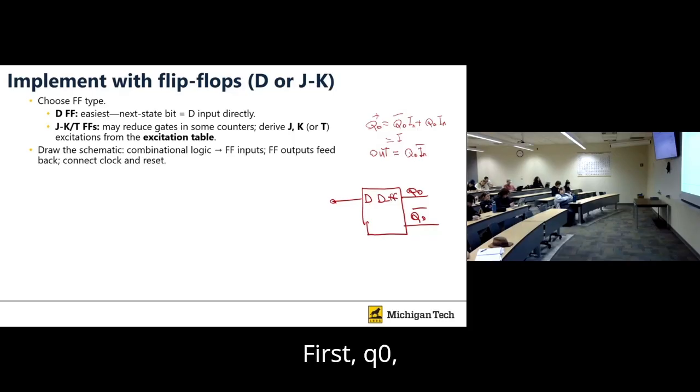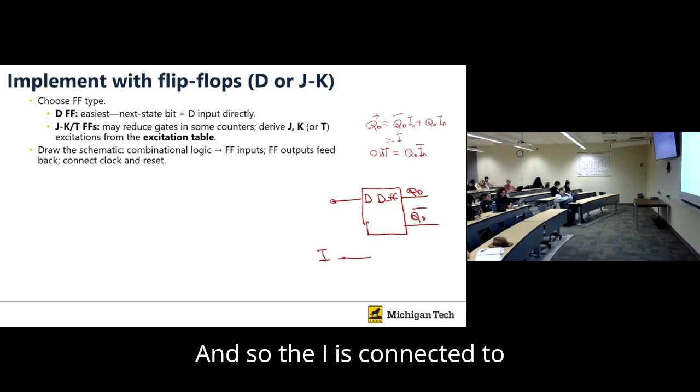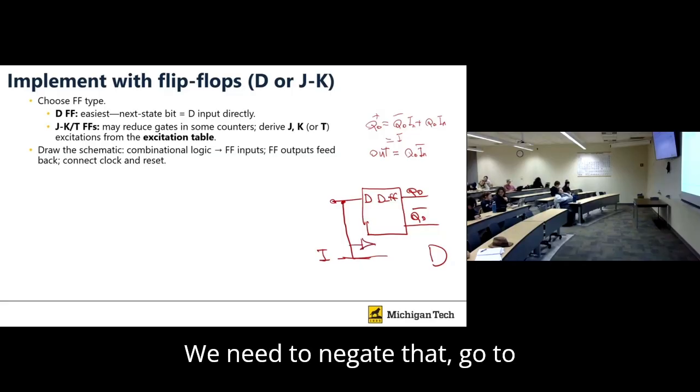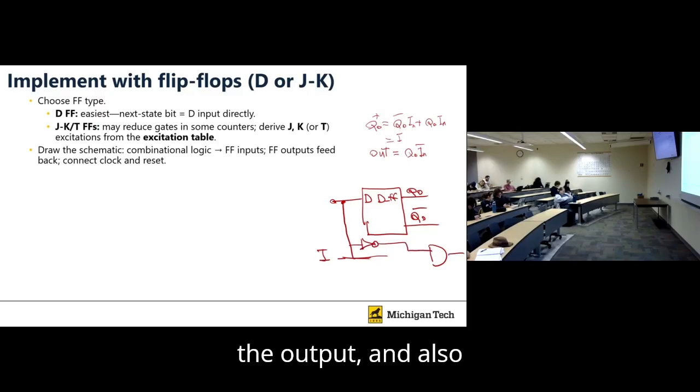First, Q0 plus is the input, equal to I. We also have I, and the I is connected to the output. We need to negate that, go to the output, and also Q0.